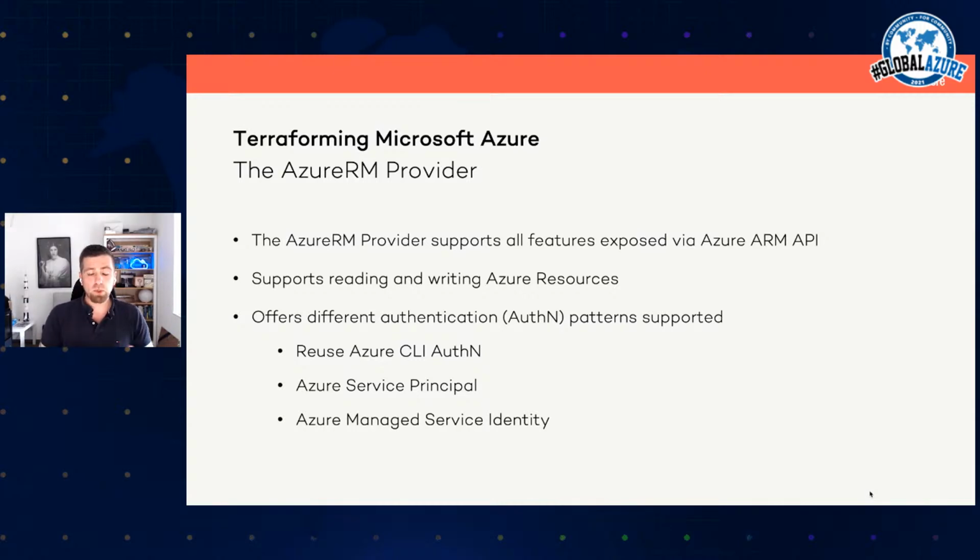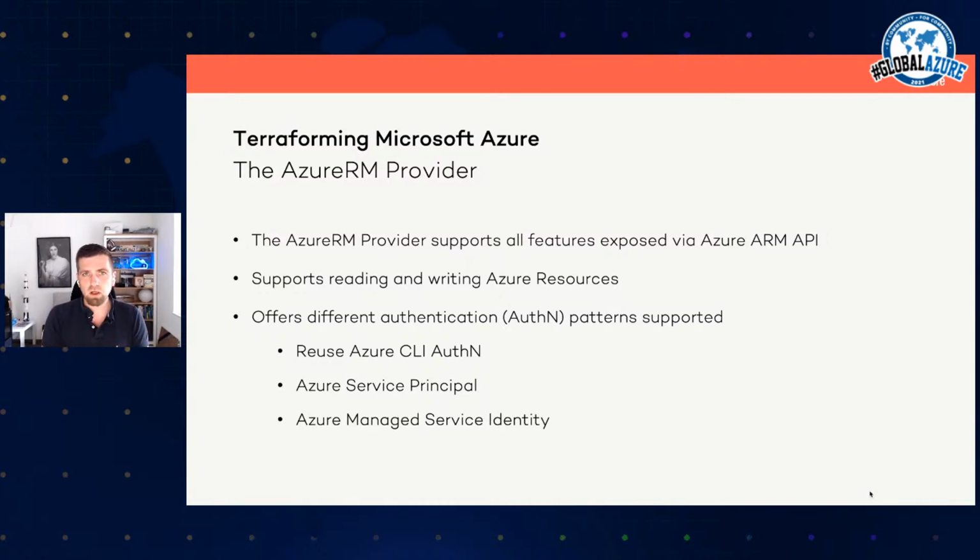Good thing is, at this point in time, we have plenty of different authentication patterns that we can use. So we can start easily by just reusing existing Azure CLI authentication. That's really, really good for starting on your local machine. But if you want to build something serious, you should consult Service Principal or Managed Service Identity to authenticate to Azure ARM.